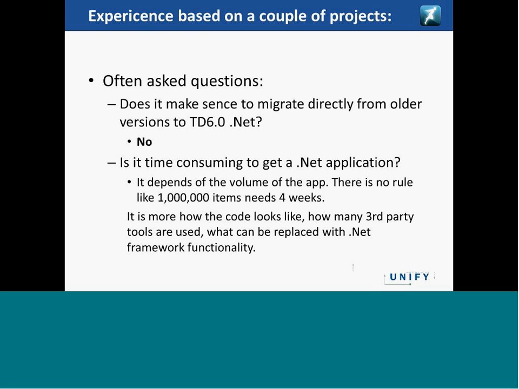We have often asked questions. Does it make sense to migrate directly from older versions to Team Developer 6 .NET? No, it does not. Because you have a lot of things to do if you migrate applications to Win32 Team Developer 6, if it comes from Team Developer 4.2 and older, early versions.